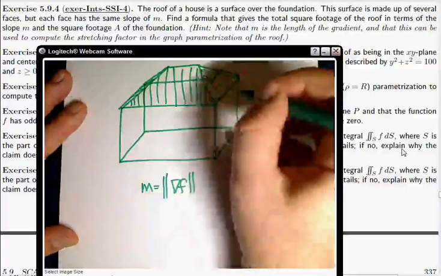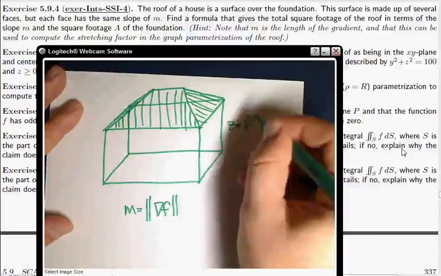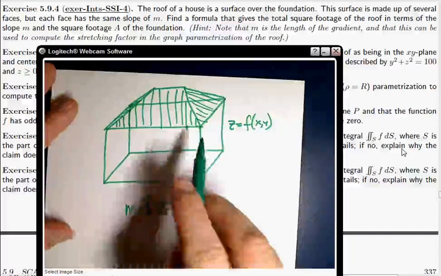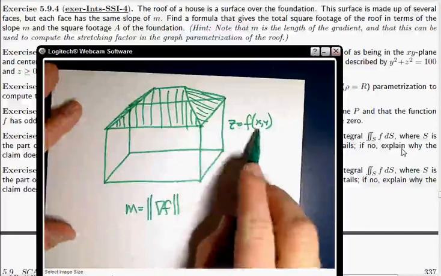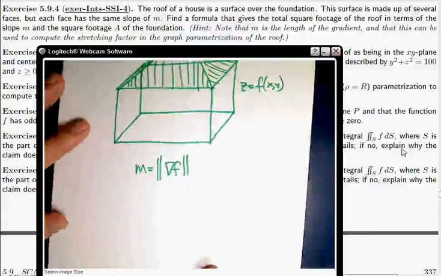Okay, so in other words, this roof can be written down as z equals f of x comma y. In other words, we can use the graph parameterization for this function to parameterize our roof.